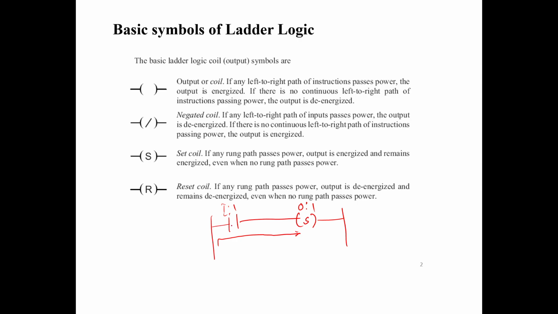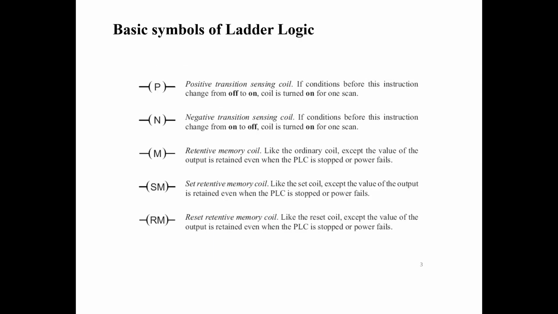Even if the condition becomes false and it becomes open again, the set will not be reset automatically. You have to have another input condition to reset the output. So this is how the basic system works in PLC.